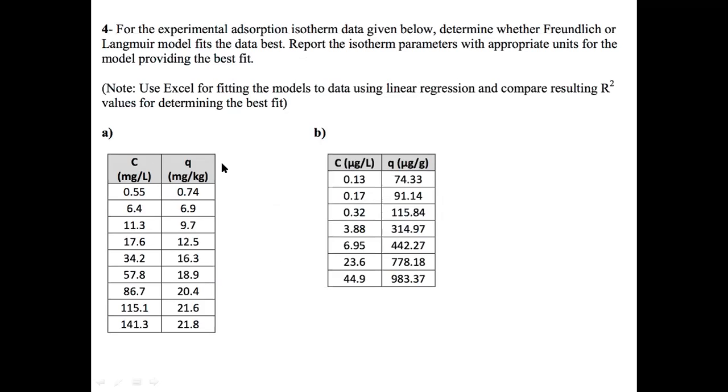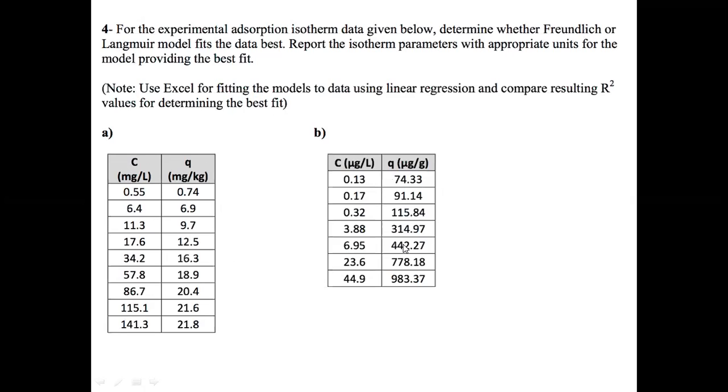The first is unknown, these are two unknown data sets, and you have to verify which is going to fit the Freundlich model and which is going to fit the Langmuir model. So you have to apply both models on each data set, and after this, you will decide which data is for the Freundlich and which is for the Langmuir adsorption isotherm.